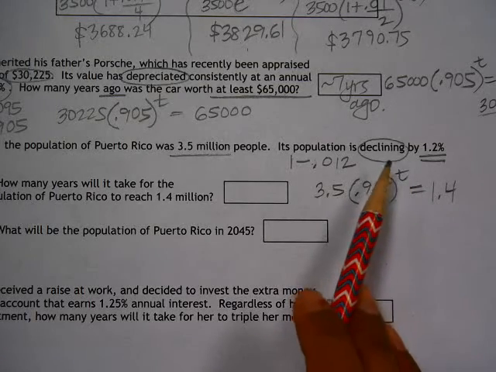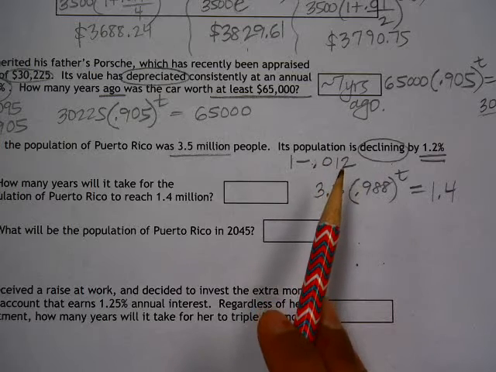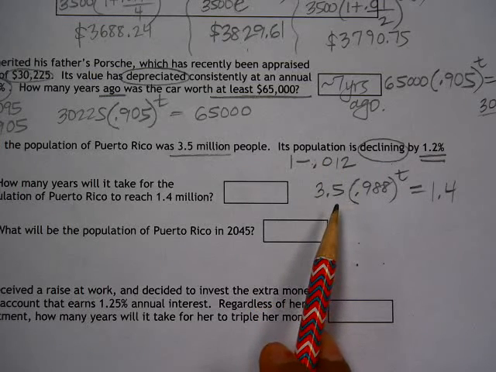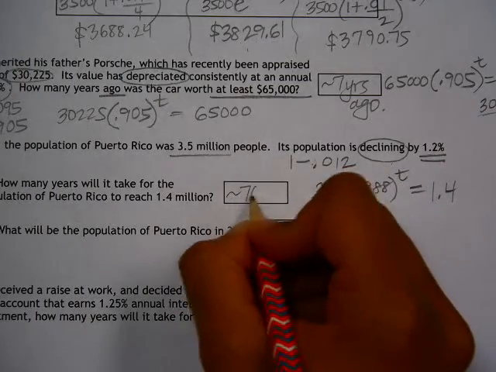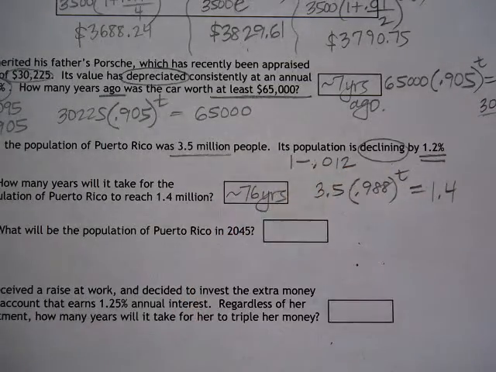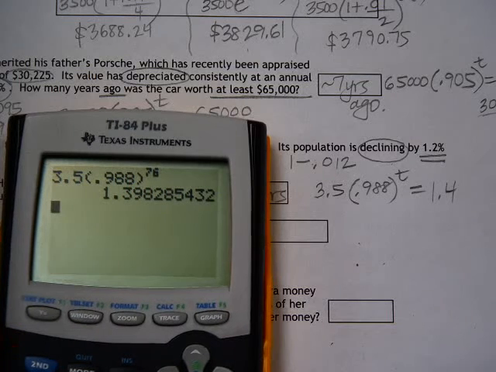So here we have another guess and check situation. It turns out here that it will take approximately 76 years for that to happen. If you plug in after guess and check, if you get to that, you will get 1.398 million.